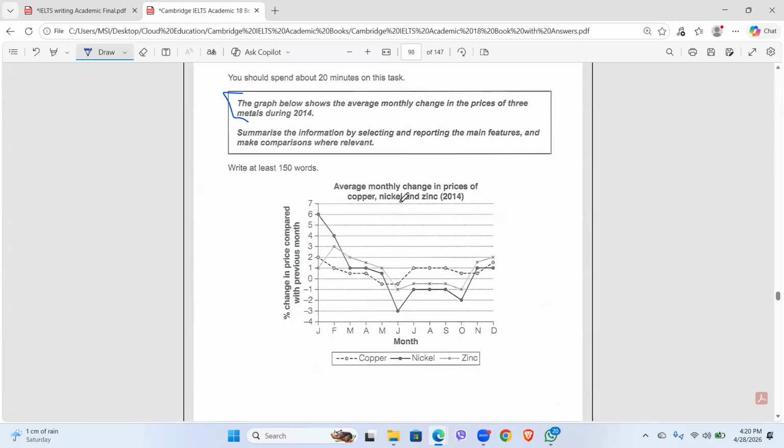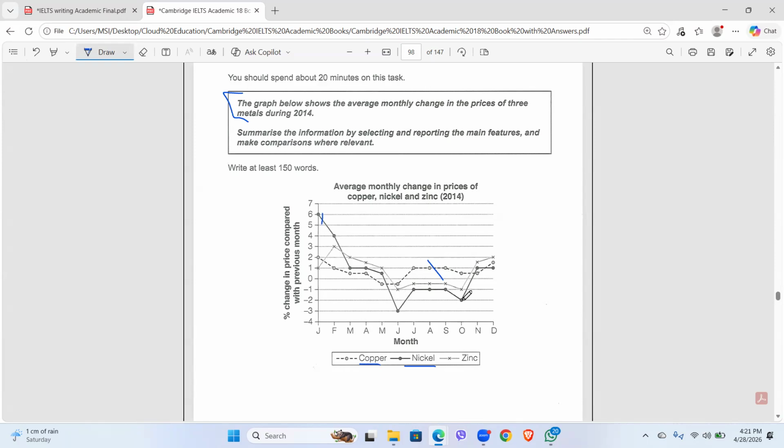Let's see the trend. Trend हेर्नुस् त. What about the trend of copper? को trend कस्तो छ? Copper is starting from here. It goes down. Again, it goes up. फेरि down, फेरि up. यसको trend कस्तो छ? Fluctuate. What about nickel? माथिबाट झर्यो. It goes down, down, down, पुरै down.